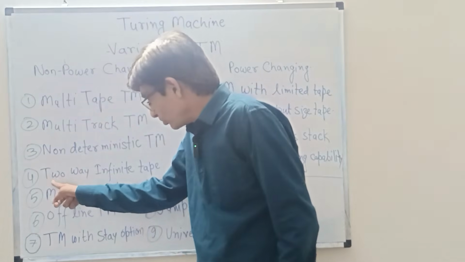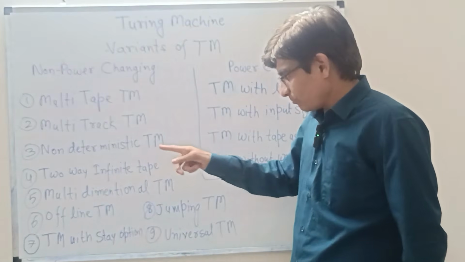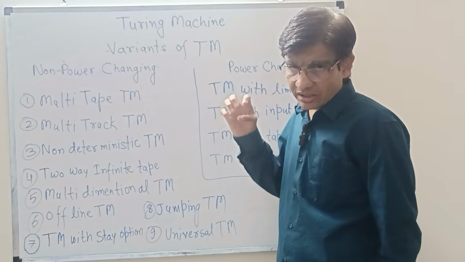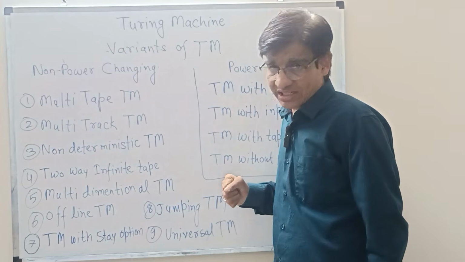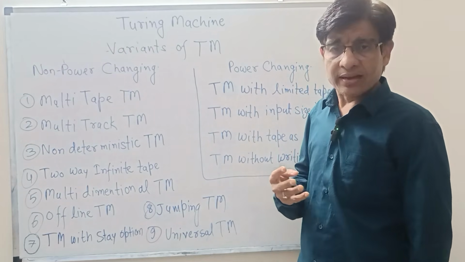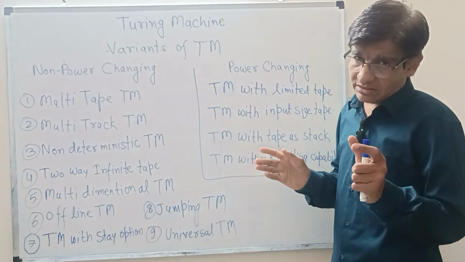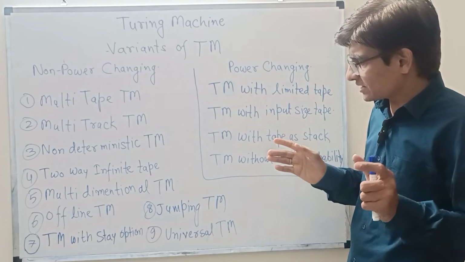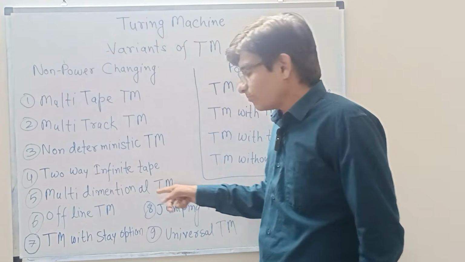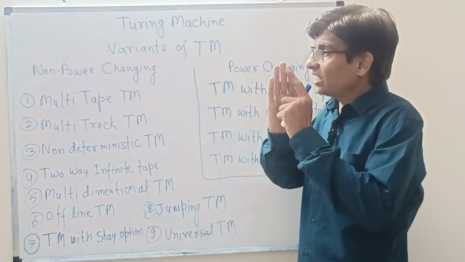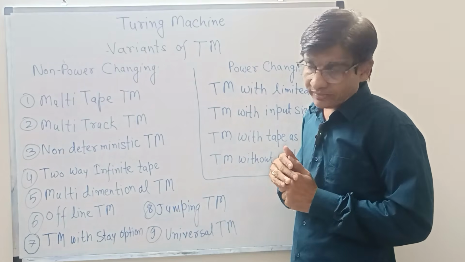Then two-way infinite tape. Till now in this particular playlist, the Turing machines we have discussed, all these machines had a two-way infinite tape. That tape was infinite at both ends.